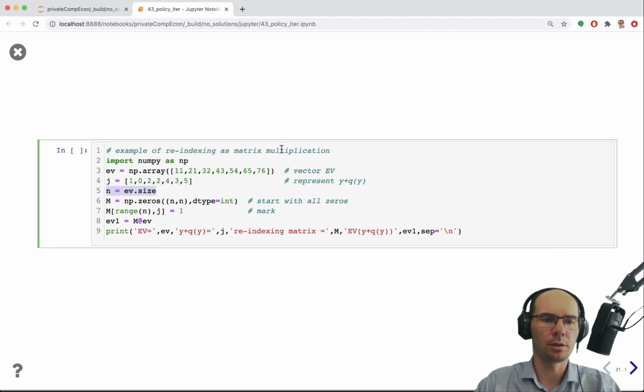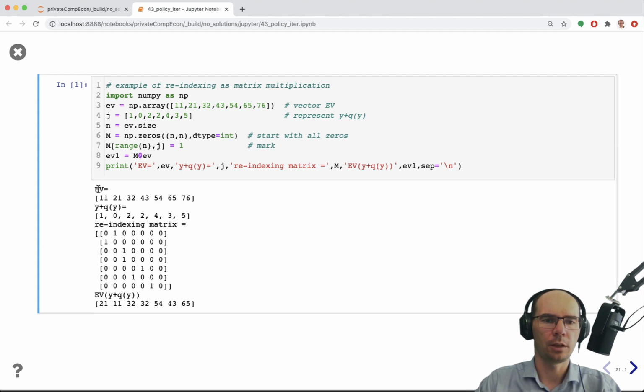All right, so let's find the size of the vector and then compose this particular matrix. It has zeros everywhere except for these elements. We use the J vector as the indices in each row of the matrix. And then let's look at this vector, which is the constructed indexing matrix M multiplied with the original EV. And here we are.